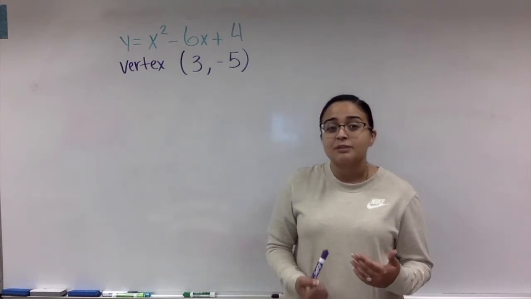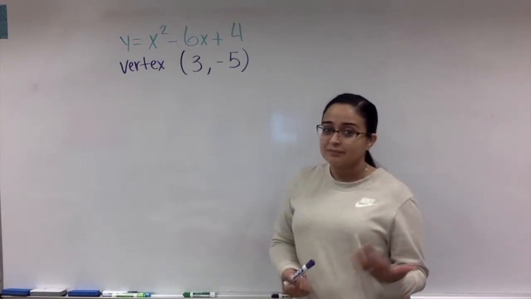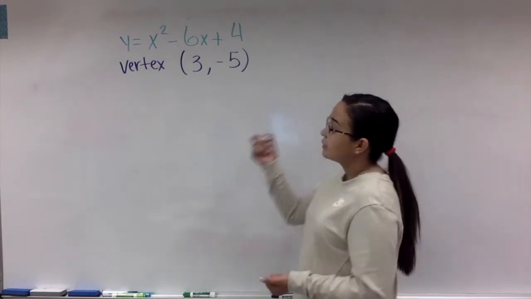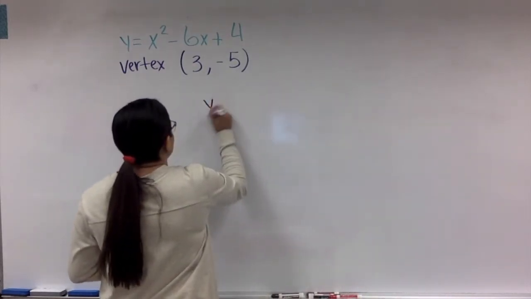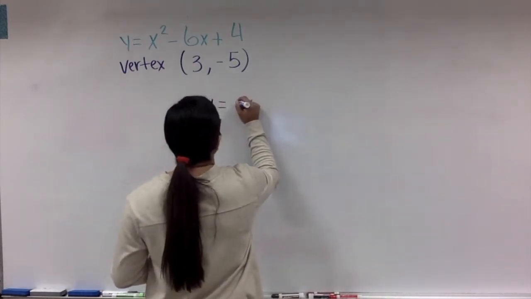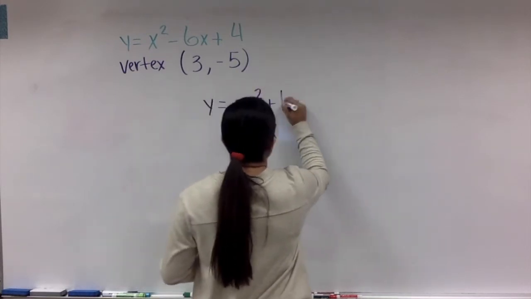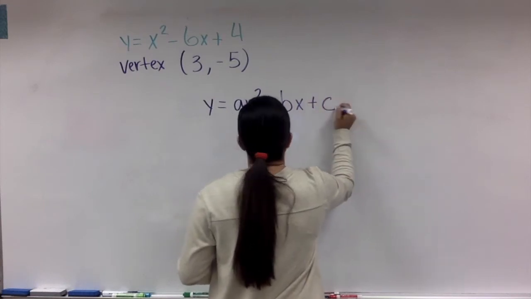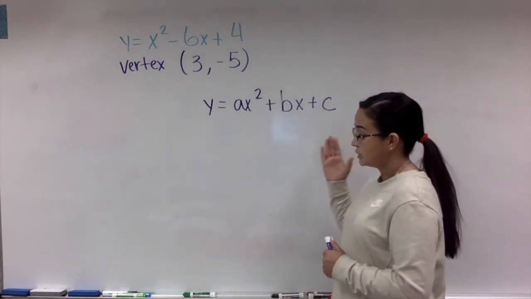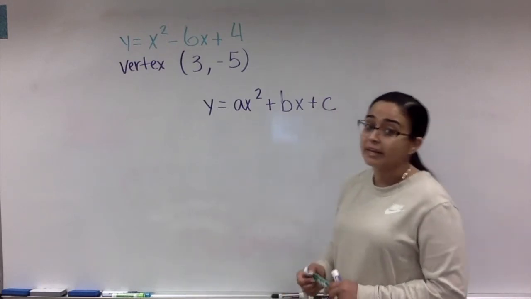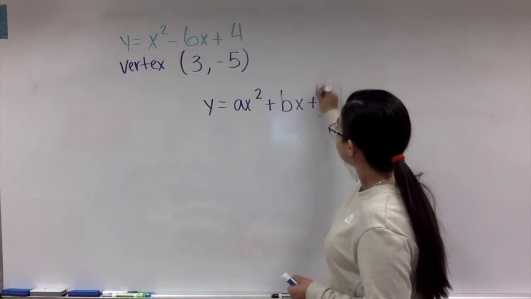First off, our y-intercept is already given to us. Now, you know how I've told you that the formula is like this: ax squared plus bx plus c. Our y-intercept is actually given to us right here. Our y-intercept happens to be whatever c is.